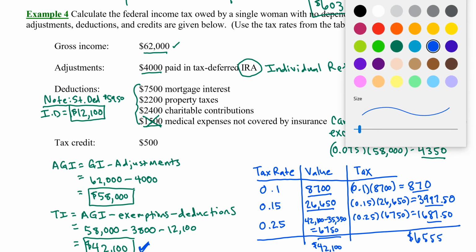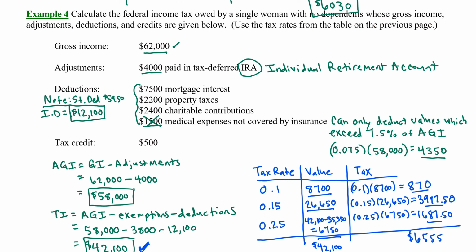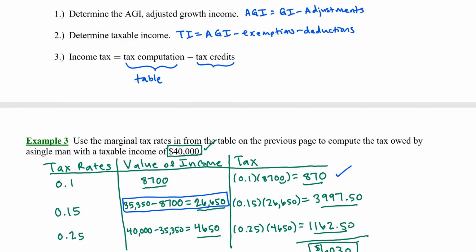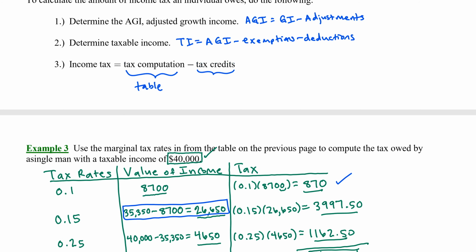So the amount of tax that she owes is $6,555. But remember, we are told that she is given a tax credit. So to calculate the amount of income tax that she owes, we're going to take the tax computation, that's the $6,555 that we just determined, and we're going to subtract yet another benefit, a tax credit, of $500.